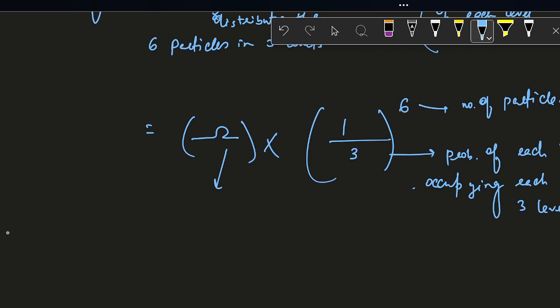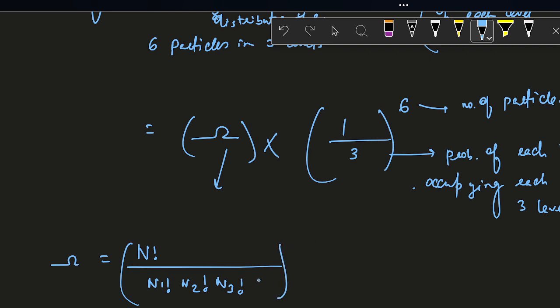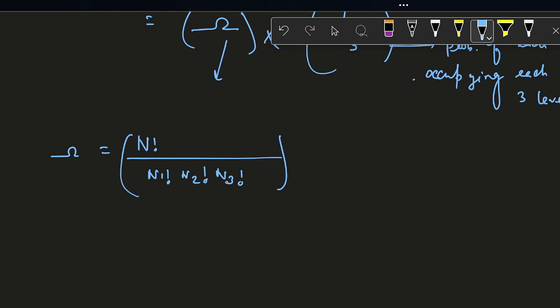Okay, so again let me tell you that omega will be the total number of particles, factorial, divided by n1 factorial, n2 factorial, n3 factorial. So it is N factorial divided by the individual number of particles in each level, factorial. Why is this so? Because this is a typical standard problem of permutation and combination. There are total N particles, so they can permute in N factorial possible ways. But in each level there is a particular number of particles, n1, n2 and n3.